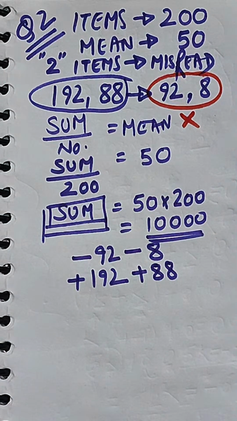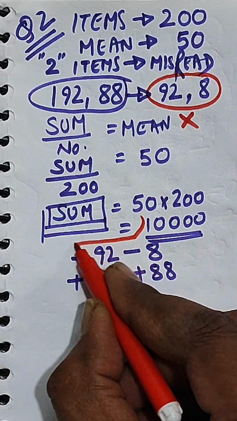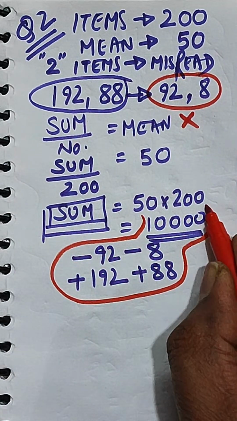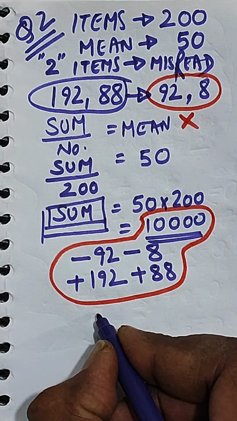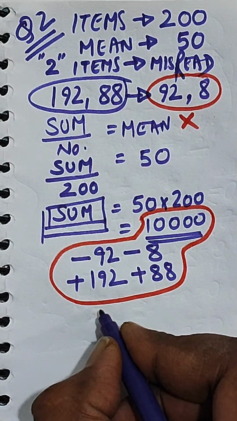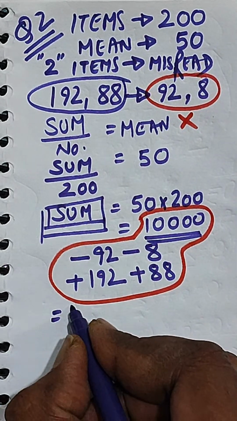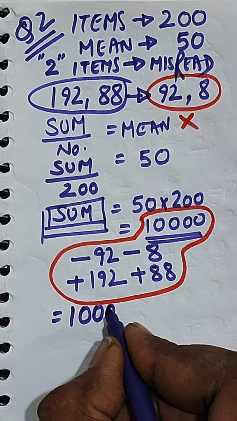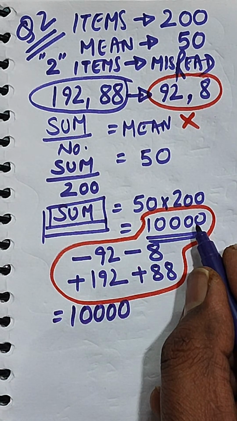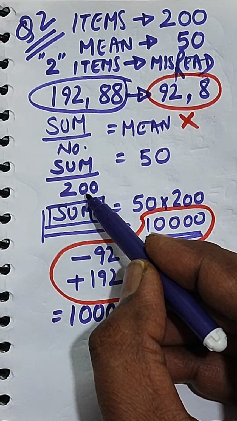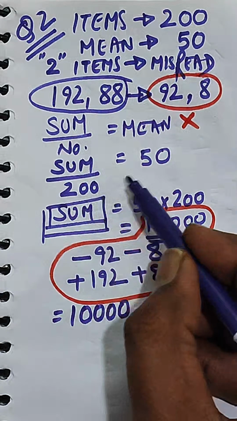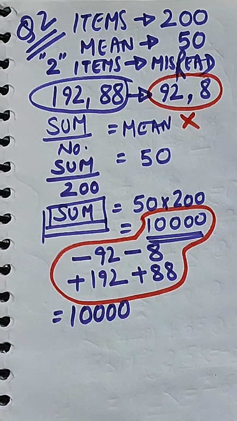So this will give you the actual sum, right? So 192 minus 92 is 100. This will give you, first of all, write 10,000, which is the earlier product of the count of observations into the mean, which is the sum, 10,000.